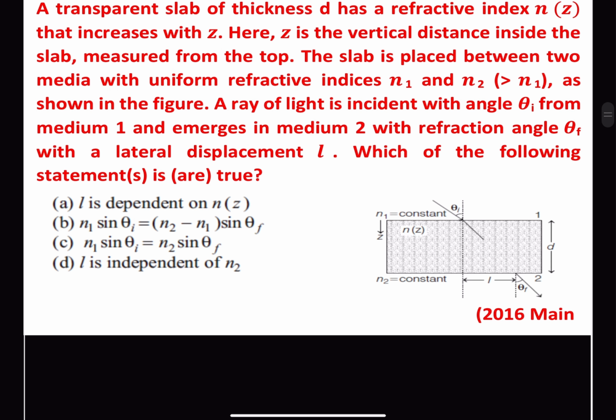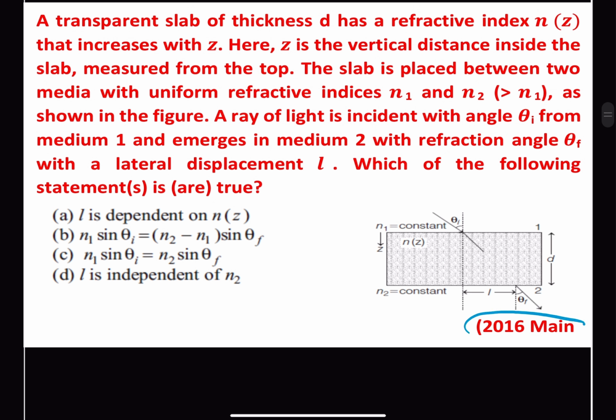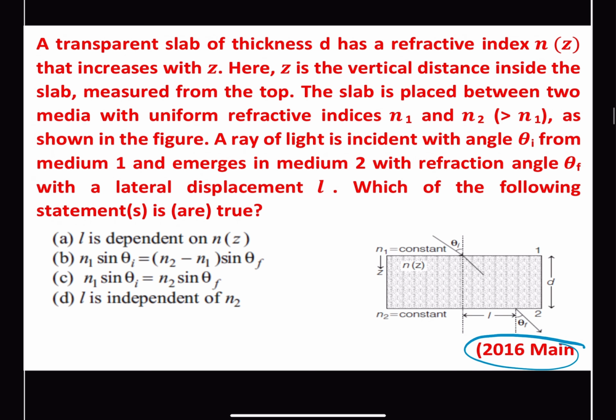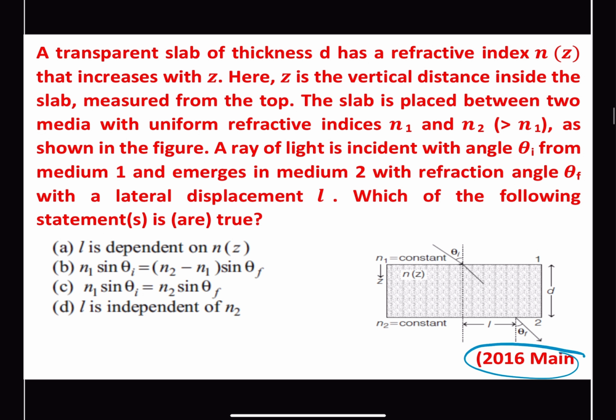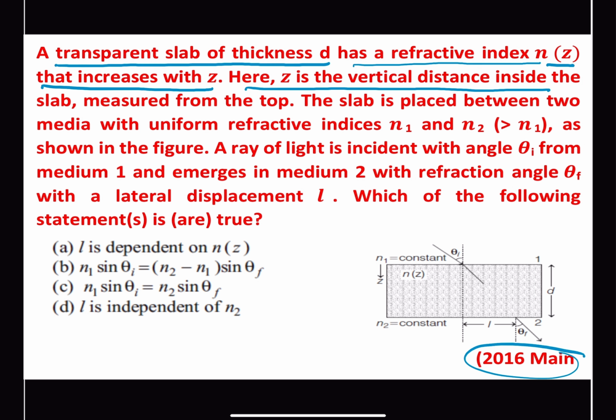and this question was asked in the year 2016 mains. It states that a transparent slab of thickness D has a refractive index n that is dependent upon the z axis, and increases with z. Here z is the vertical distance inside the slab measured from the top.